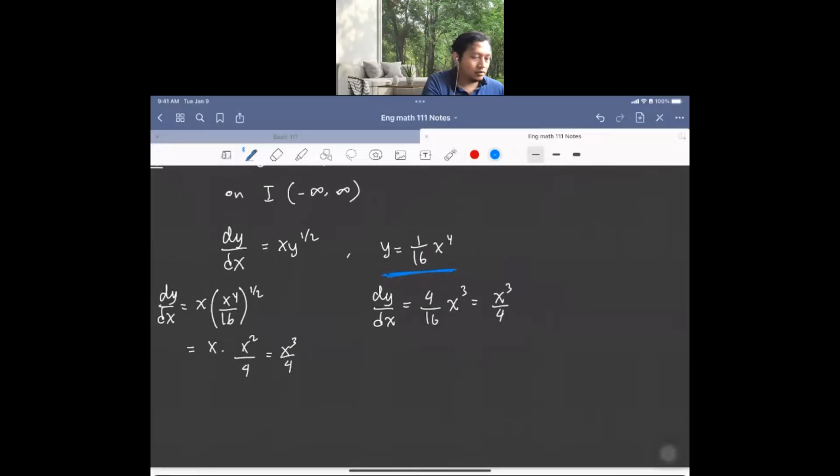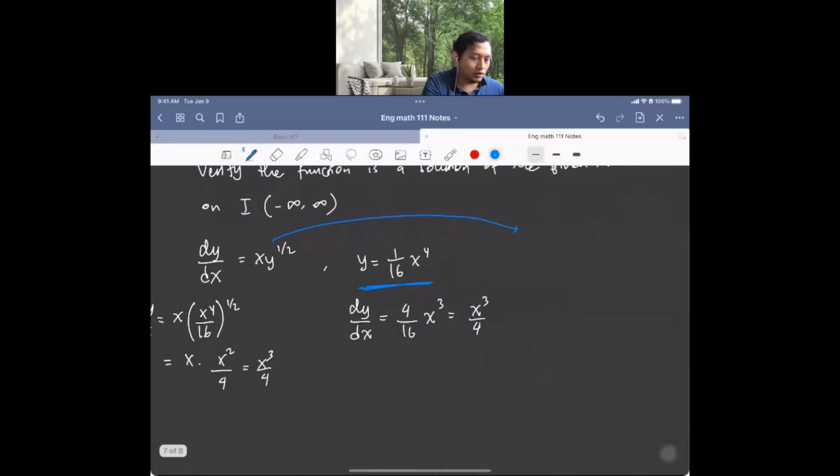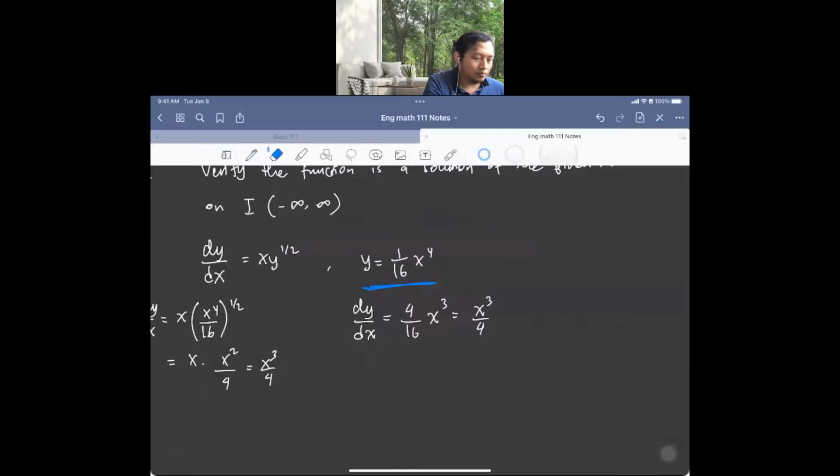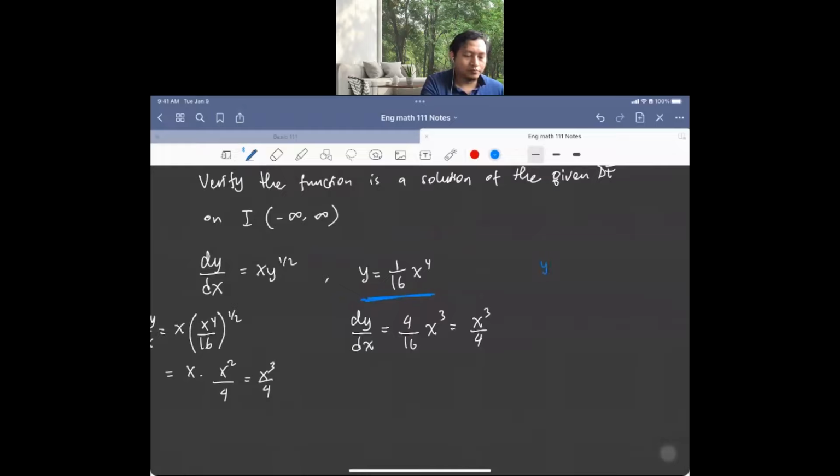Okay, and then to verify, from here, let me move here, y to the power of half is actually x squared, or maybe let me write here, y to the power of half. I think better is to look from here, it is x squared over 4, right?